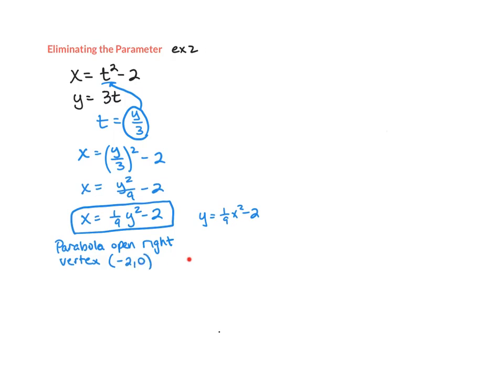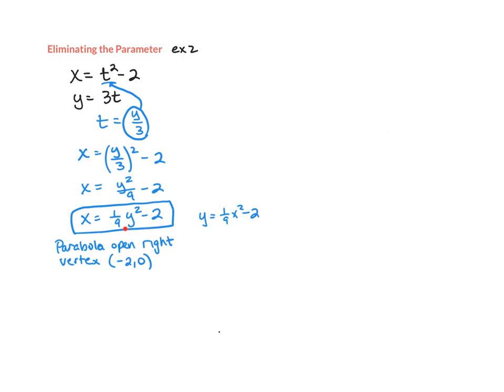And it's pretty easy to see how this is the way I said it. If this would have been an equation solved for y, you would easily know that this is a parabola that opens up, has a vertical shrink of 1/9, and it's shifted 2 down. Well, we just transfer that. Instead of going up and down, we're going to go left and right, and we know that right is positive, left is negative.